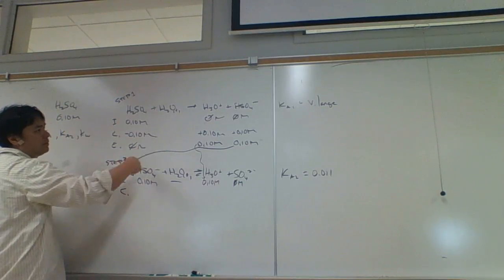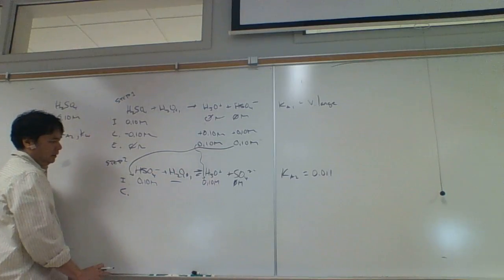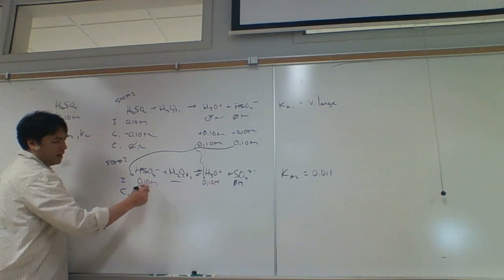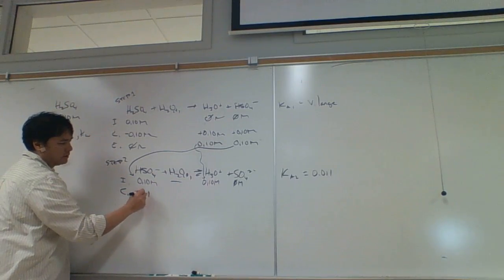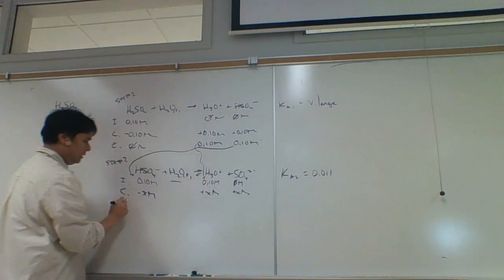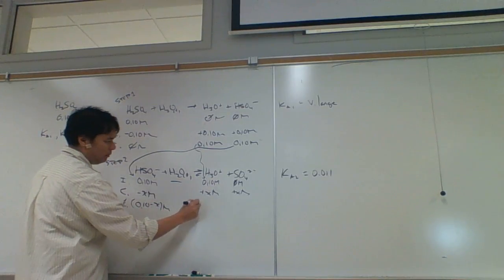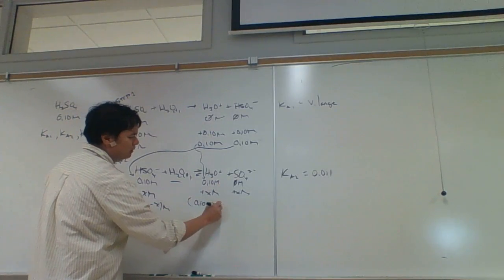And so we have 2 common ions, the HSO4 minus and the hydronium. So this has got to go to the right because we have 0 molar sulfate, so this is going to be minus X molar, plus X molar, plus X molar. And so at equilibrium, we're going to have 0.10 minus X, 0.10 plus X, and X molar.